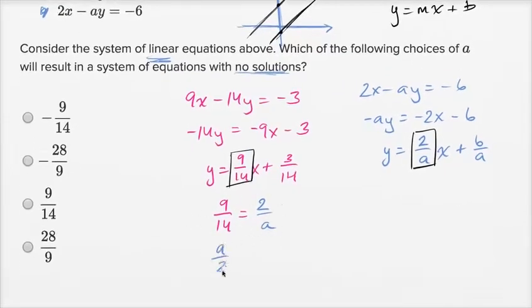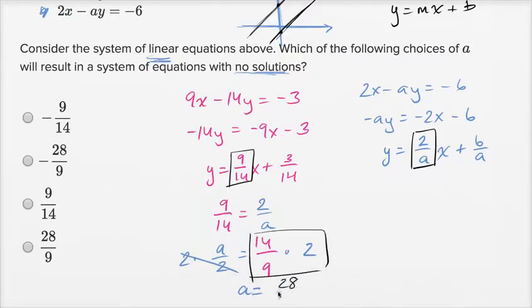So we could say a over 2 is equal to 14 over 9. And then multiply both sides by 2, and you're going to get a is equal to 28 over 9. A is going to be this right over here. This is 28 over 9.